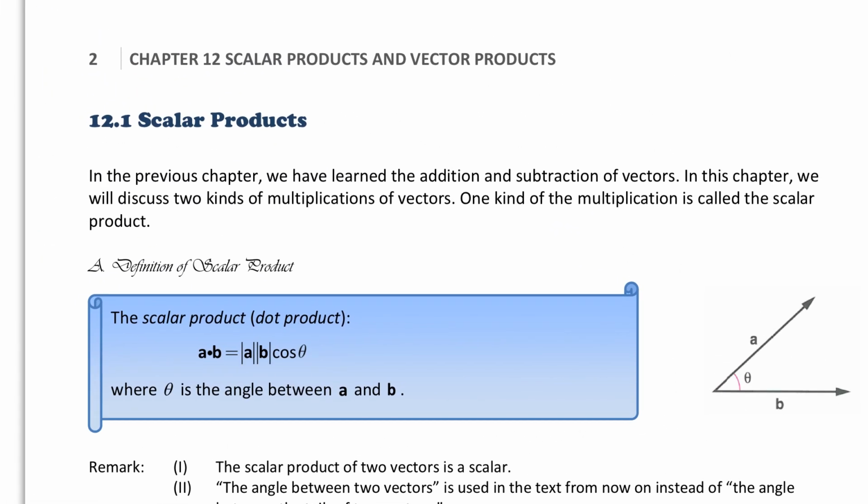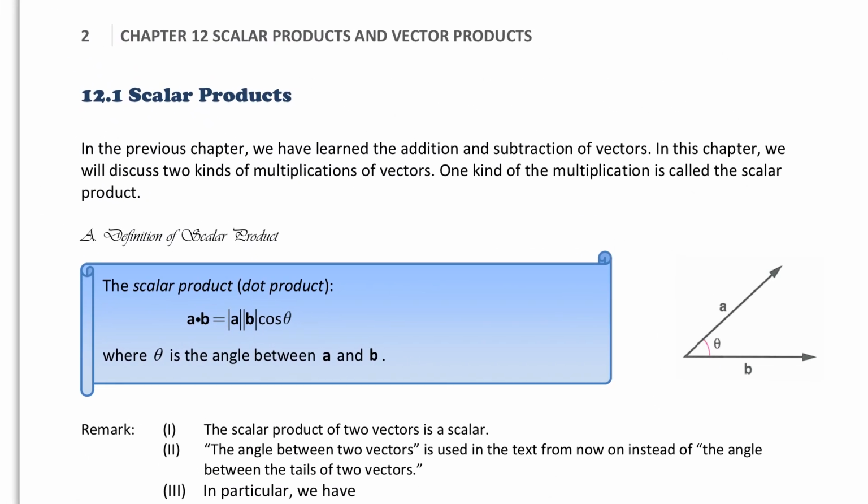First, I will introduce what the scalar product is. The definition of the scalar product, or sometimes we call it the dot product because we use a dot to represent the relationship between them, is like this. If we have two vectors A and B, what is the meaning of A dot B?